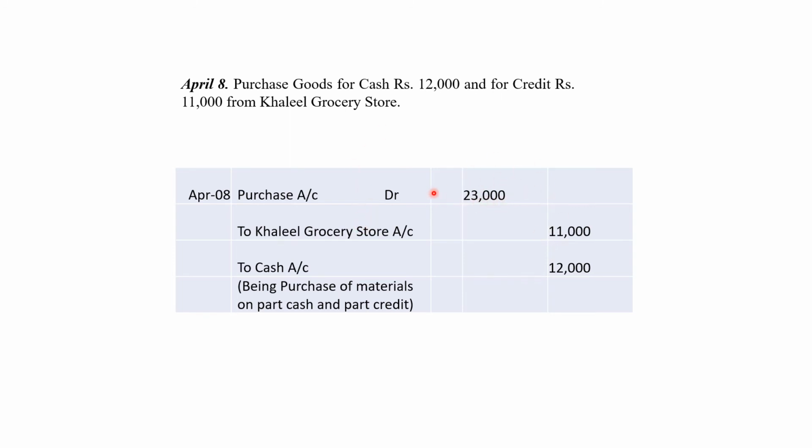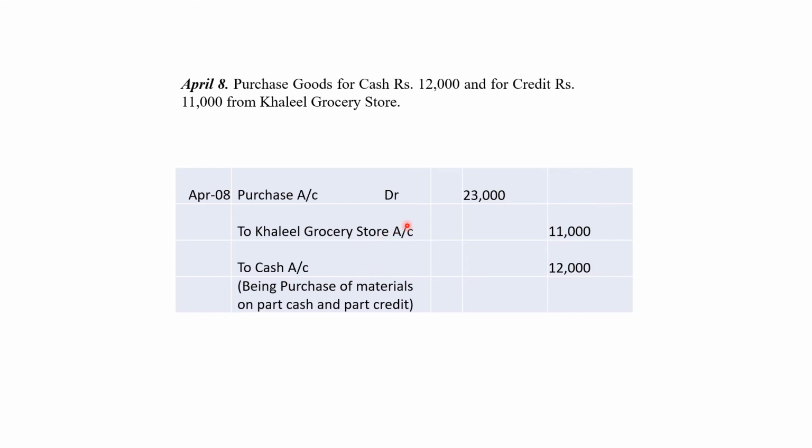So there is one debit aspect of the transaction, because all in all goods worth rupees 23,000 were purchased and part of it was cash purchase, 12,000 rupees, and part of it was credit purchase, right? So Khalil's grocery store has given us credit of 11,000 rupees. So we say to Khalil's grocery store account. All right.